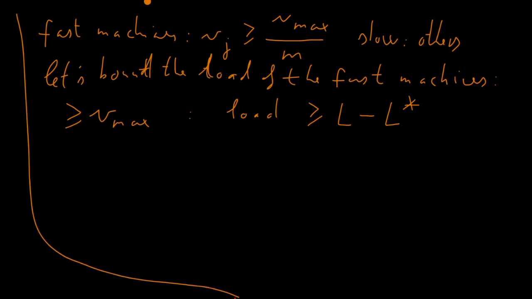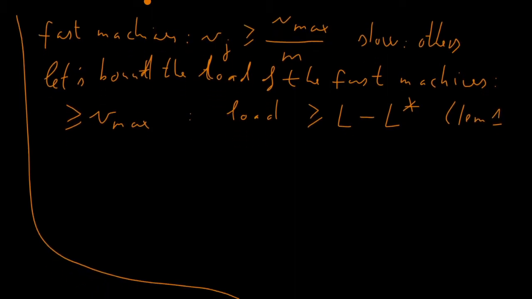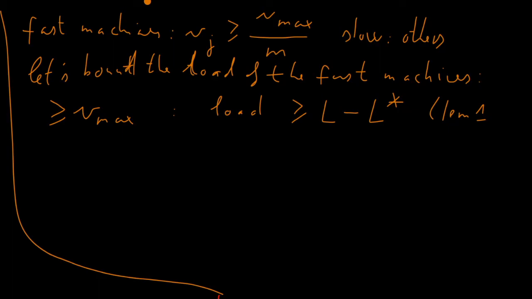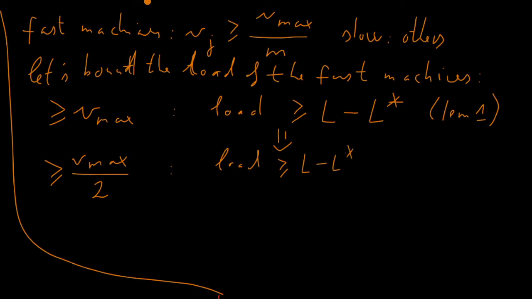Now applying lemma 2 on this inequality, we get that if a machine has at least V max over 2 speed, then its load will be at least L minus L star minus 4 L star, which is of course L minus 5 L star.